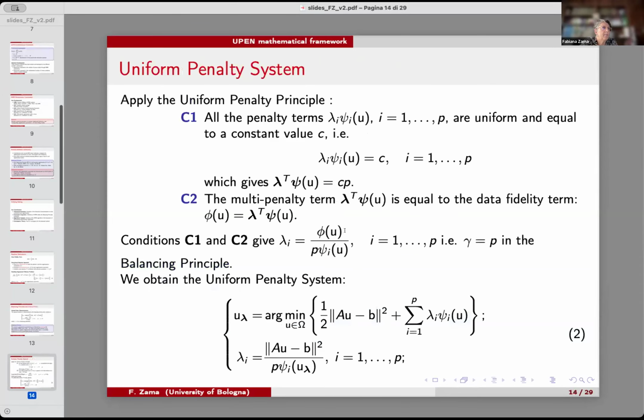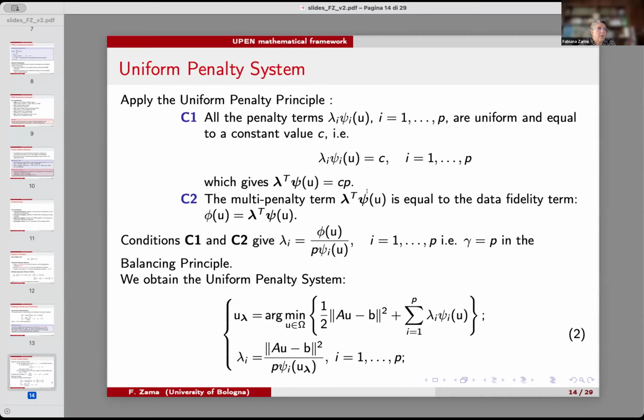First of all, we can apply the uniform penalty principle. And now I state the uniform penalty principle in its building blocks, which states that all the penalty terms are uniform and have the common value. And this allows us to write the regularization part as the product between a C, which is this constant, and the number of terms.